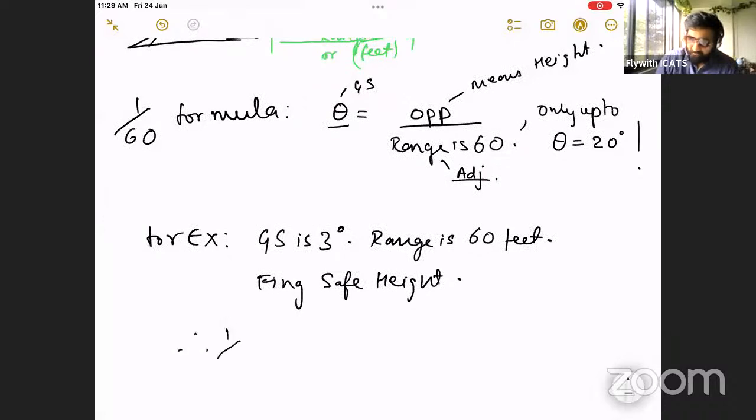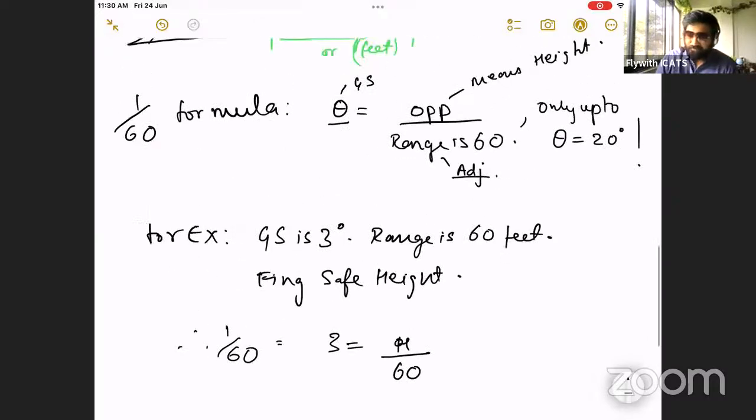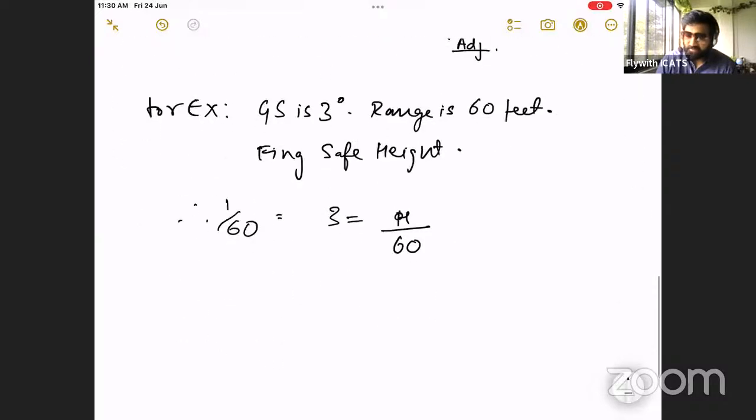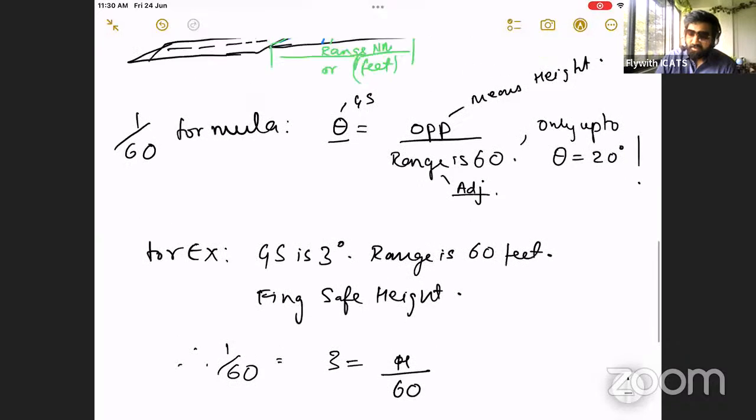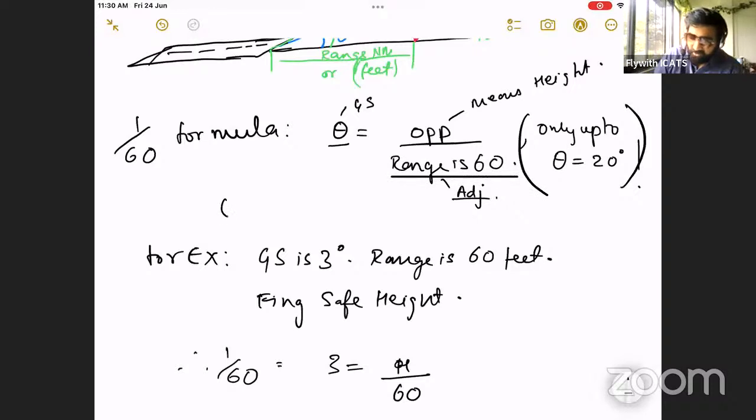therefore 1/60 tells me 3 is equal to, I need to find the height, so I'll write h over here upon the range, which is 60 feet. Now you have to carefully understand the equation. Only up to 20 degrees, when the range is 60, your theta is equal to height.